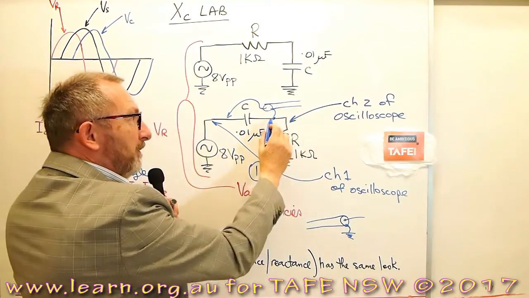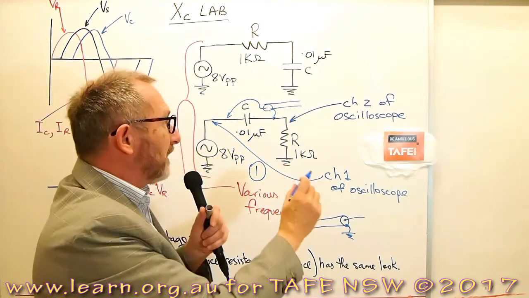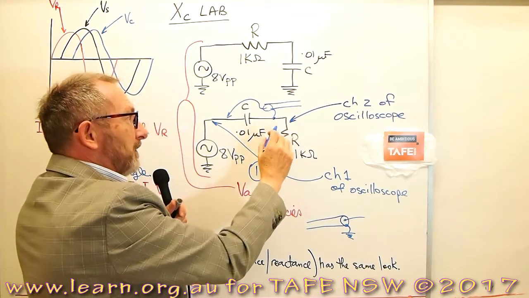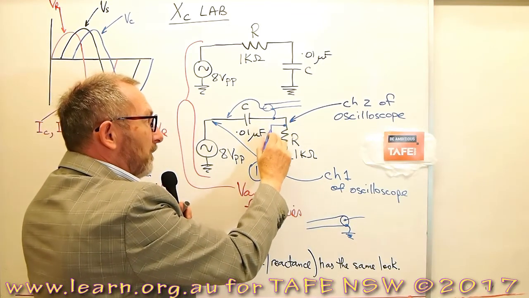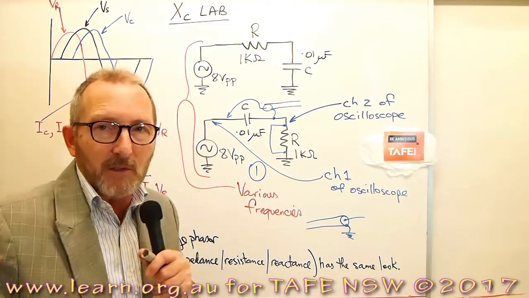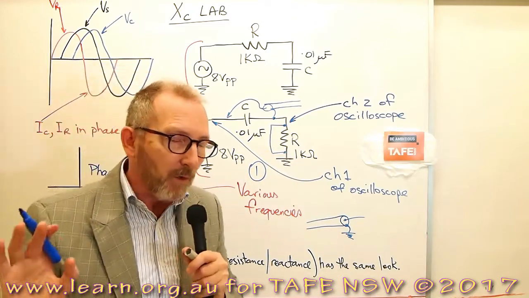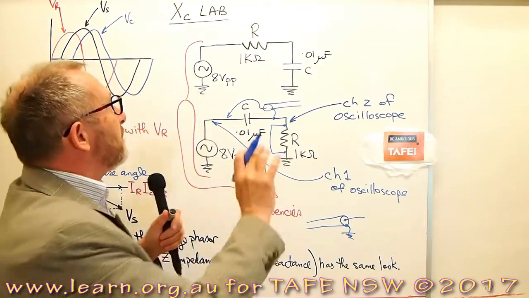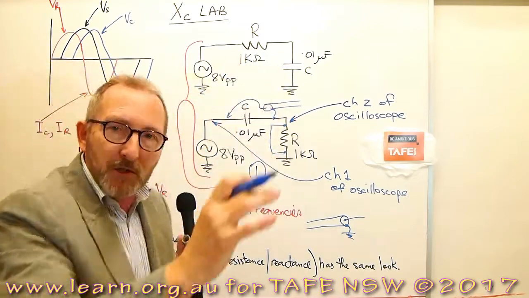Well, we've got ground on this side of the resistor, we've got ground on the top of the resistor, so effectively what we would have ended up with is a short circuit across the resistor. That's certainly not desirable, and it certainly won't work for us. So what we have to do is make some changes to the circuit.